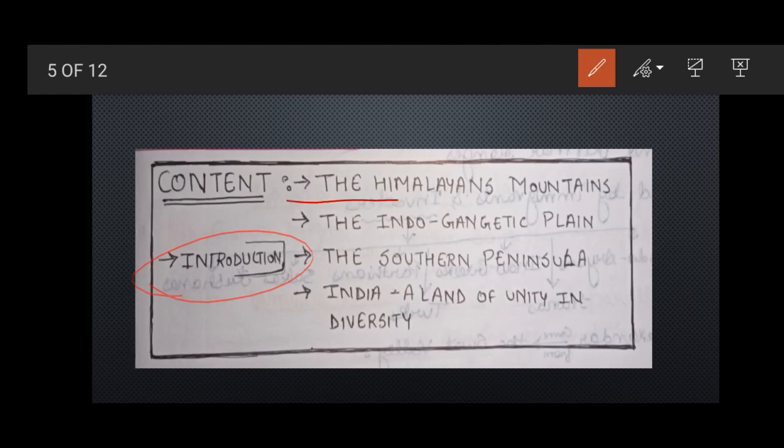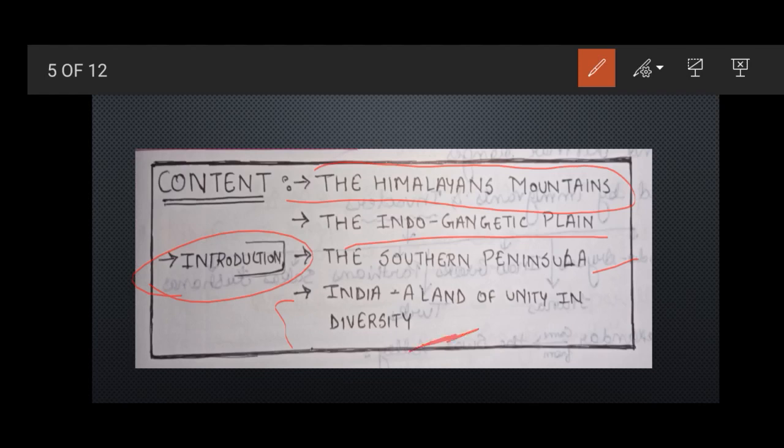The second topic is about the Himalayan mountains, and how they save us from invasion as well as from other natural calamities. Topic three is about the Indo-Gangetic Plain, topic four is about the Southern Peninsula, and the last topic is about India, a land of unity in diversity.